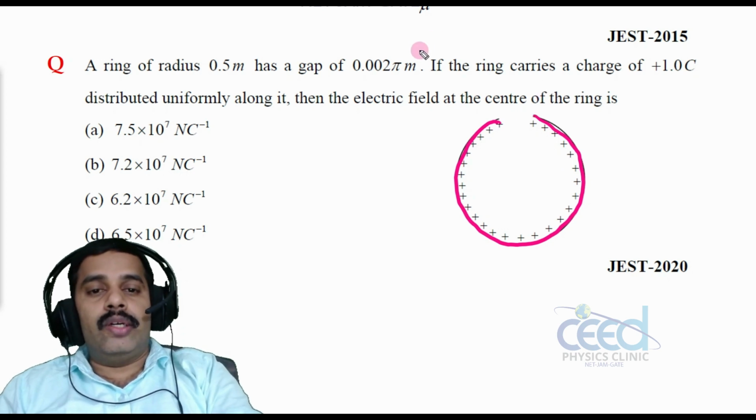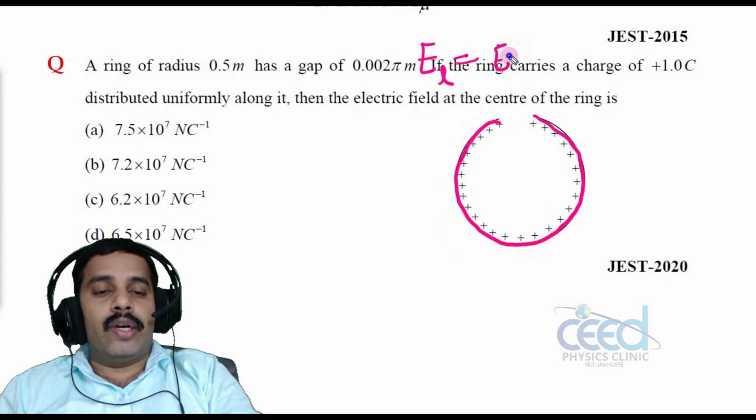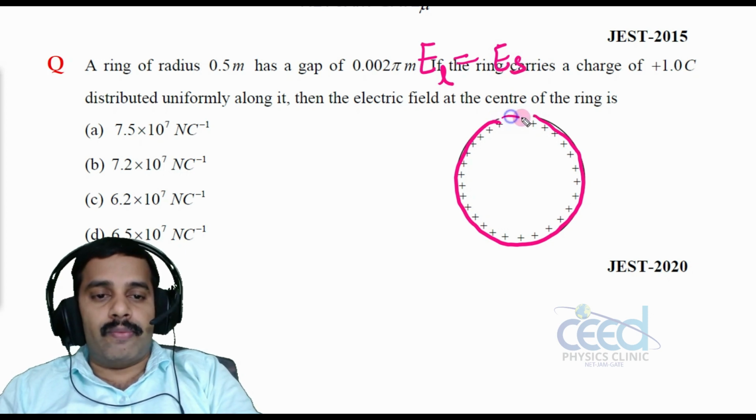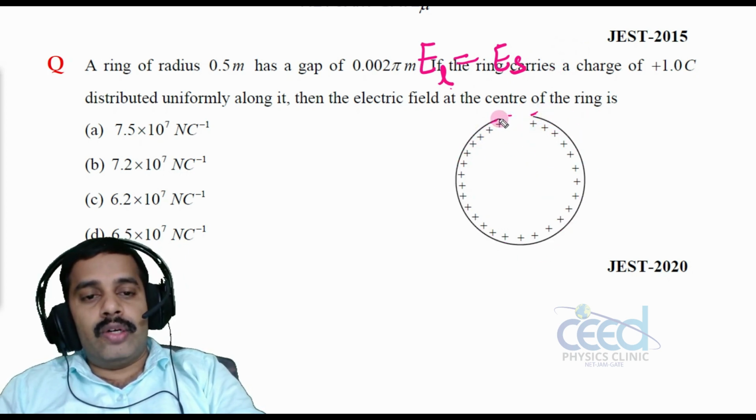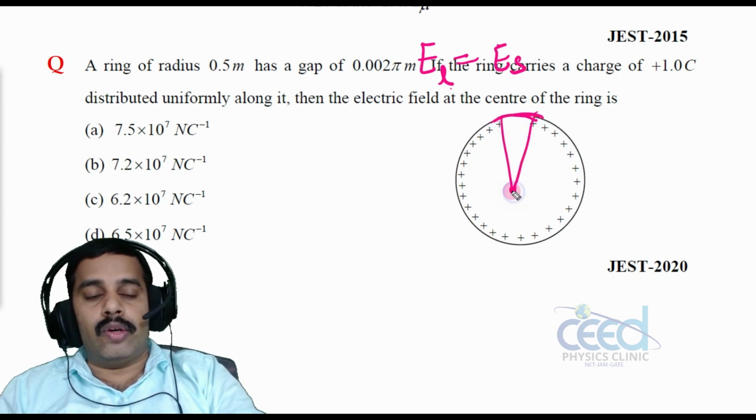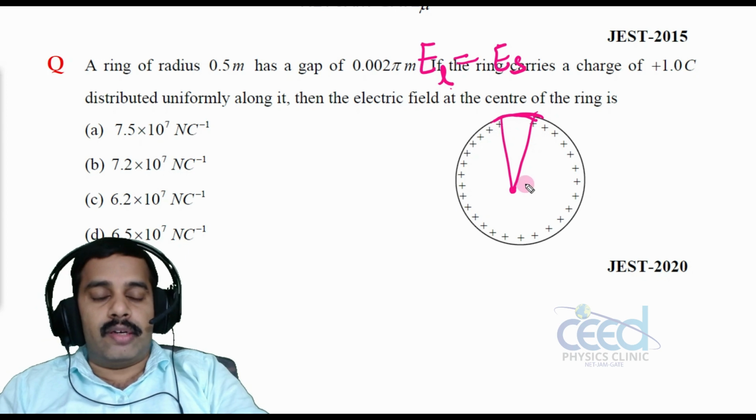So we need to find the electric field due to this large part equal to the electric field due to this small missed part, right? That should be equal, then only EL minus ES will be equal to 0. That means electric field due to this entire portion plus electric field due to the missed portion should be equal to 0. Then we have the complete ring, then electric field is 0.